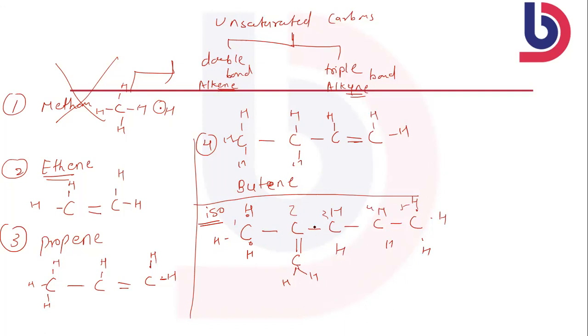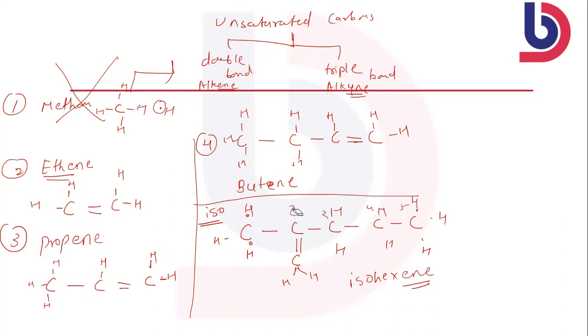So you will write iso 1, 2, 3, 4, 5, 6, isohexene, because you have a double bond.